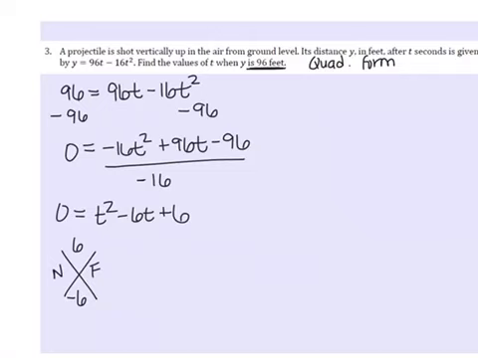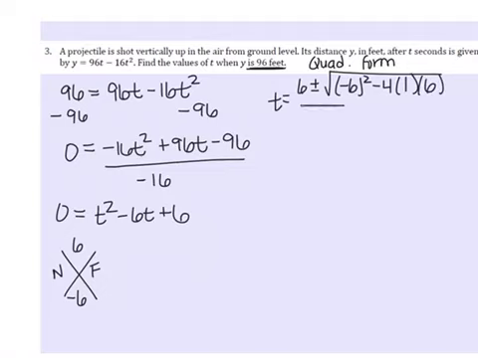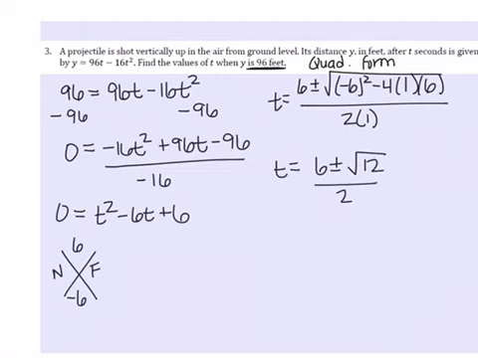So I'm going to do t equals the opposite of b plus or minus the square root of b squared minus 4 times a times c, all divided by 2 times a. When you are plugging this into your calculator, make sure that negative 6 is in parentheses. Otherwise, it's going to mess your answer up. So I ended up getting 6 plus or minus the square root of 12, divided by 2.